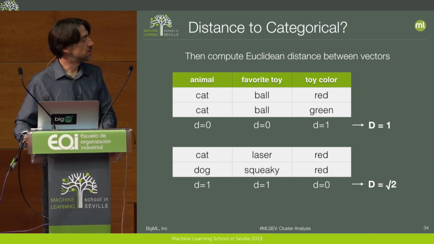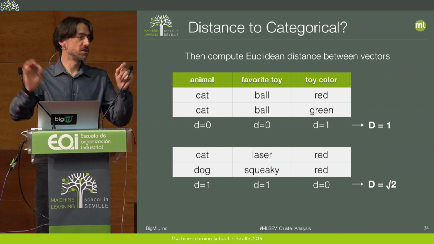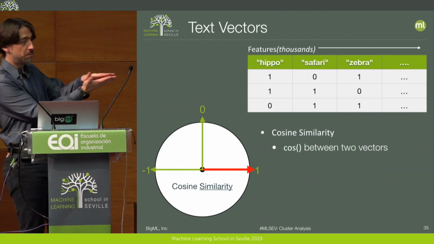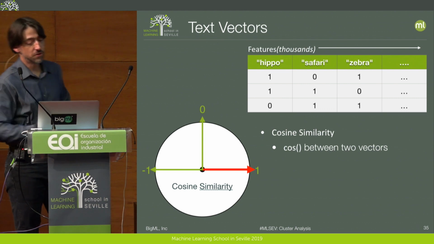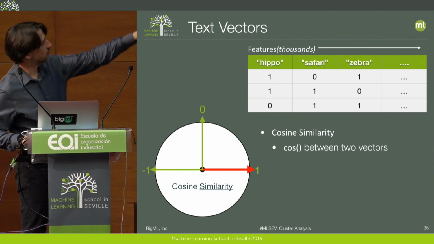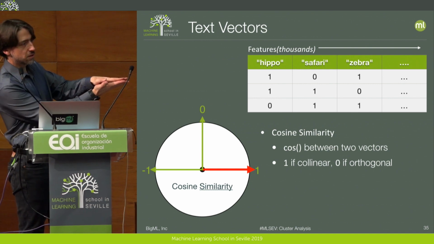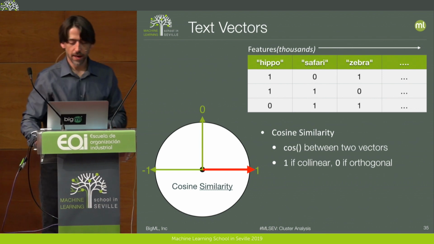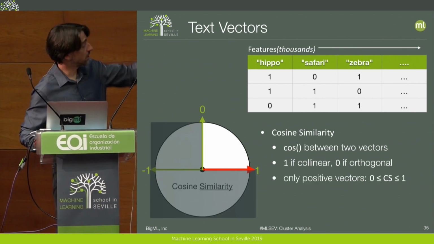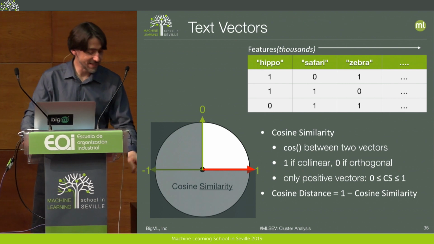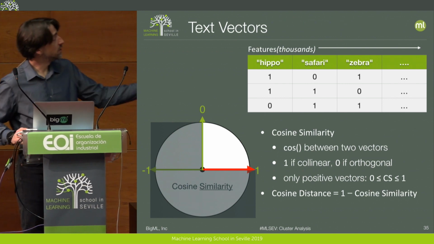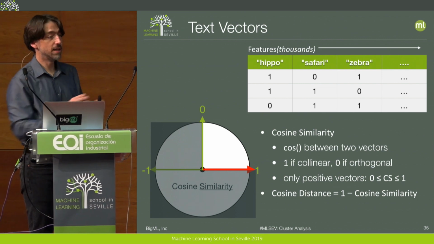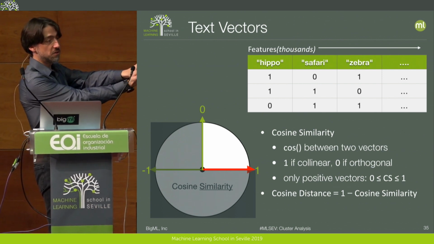It's a little more complicated with the text vectors because they're sparse, and that's where you use cosine similarity, where you're looking at a vector of potentially thousands of features. If you think of the cosine of vectors, it's 1 if they're collinear and 0 if they're orthogonal. You only think about positive vectors, and you actually use something called the cosine distance, where you just take 1 minus the cosine. If two vectors are exactly the same, collinear, then you have 1 minus 1, which is 0.